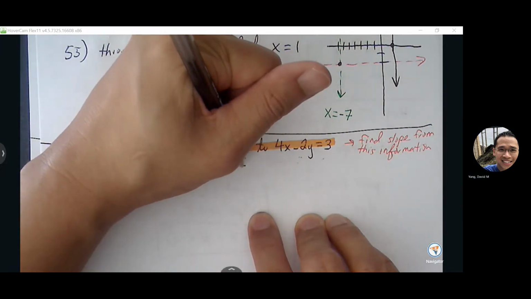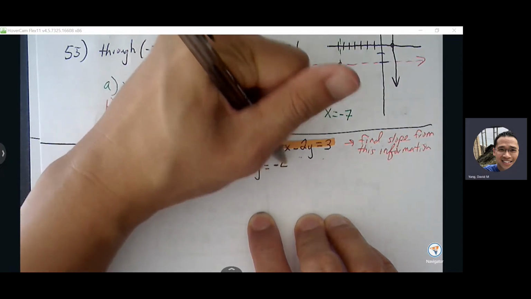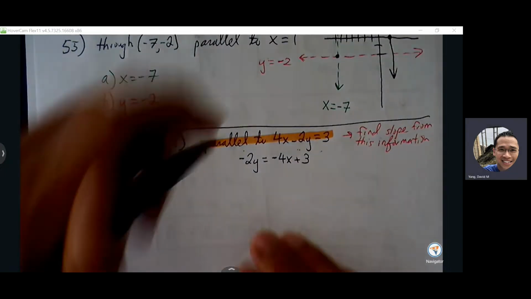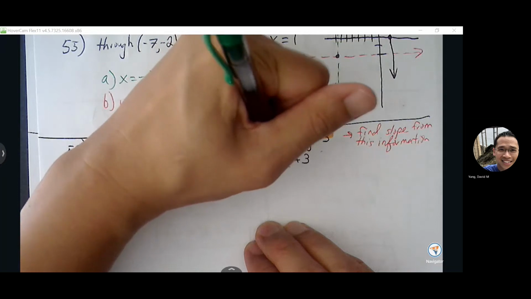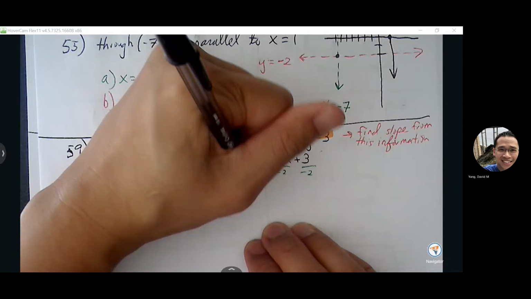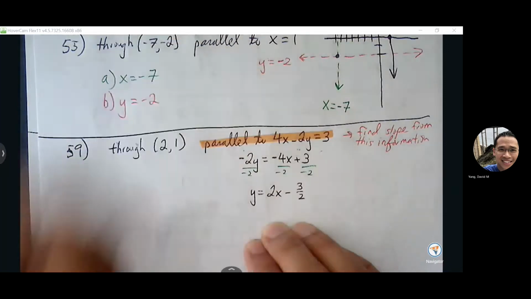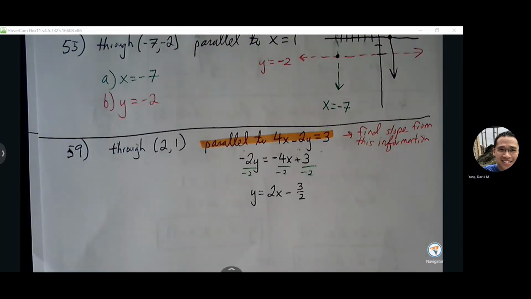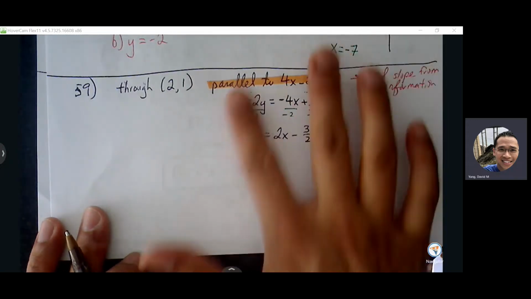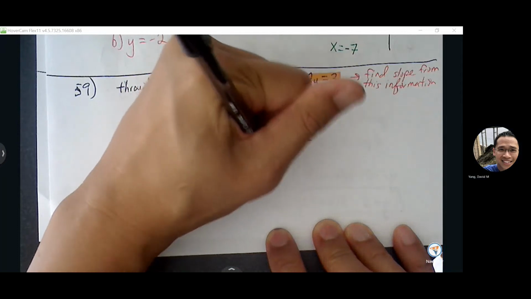So -2y is equal to -4x plus 3. If I divide everything by -2, okay, what's my slope? 2. And that's all I care about. I don't care about anything else from this information except that my slope is 2.